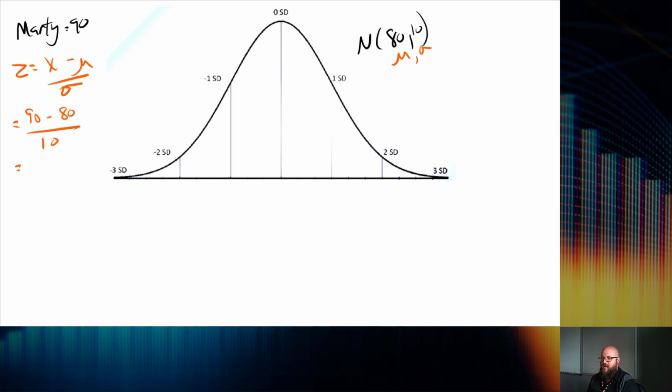And we should get 90 minus 80 is 10 over 10, which equals 1. So we should have a positive 1 standard deviation away. Well, right here, so we know this is 80, 90. So 1 standard deviation away. So we know right here is where Marty is at.